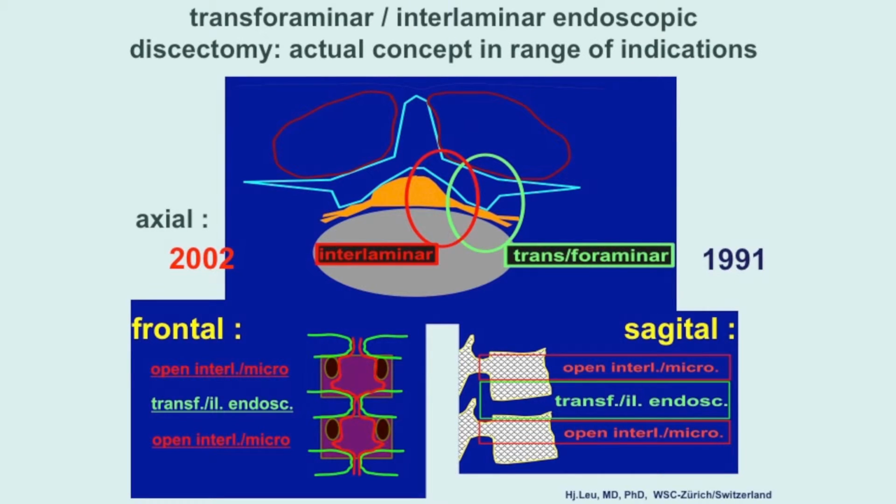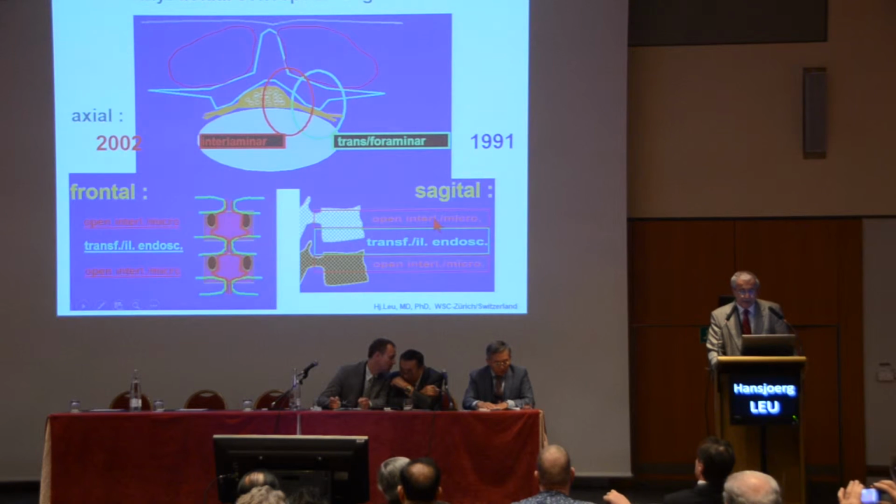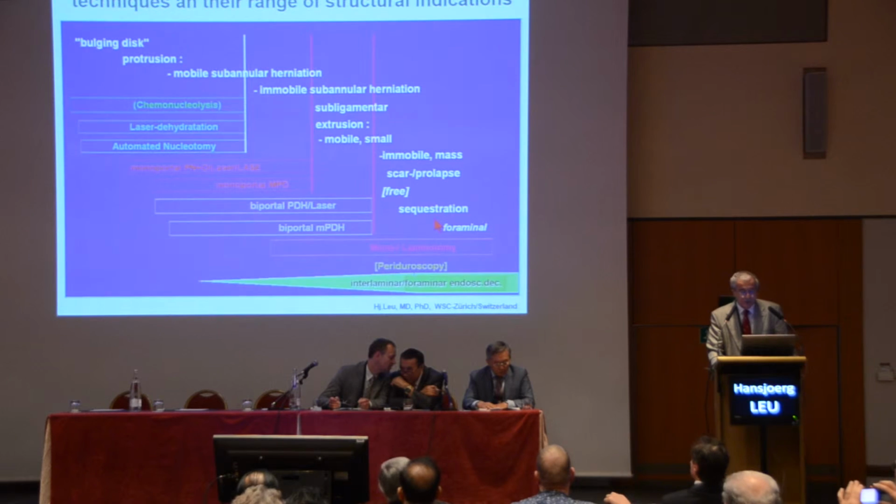In the sagittal view, with the transforaminal endoscopic approach, you can address this part, and the interpedicular areas may be open or micro technique, still the technique and approach of choice.